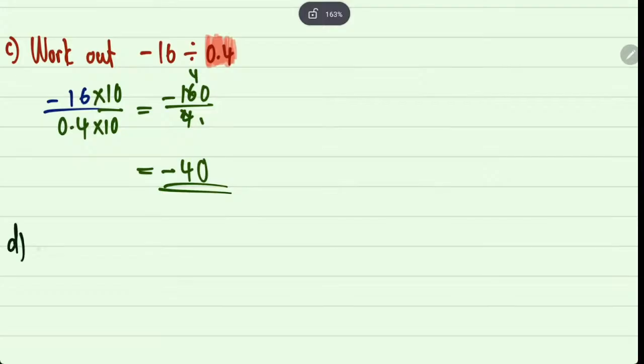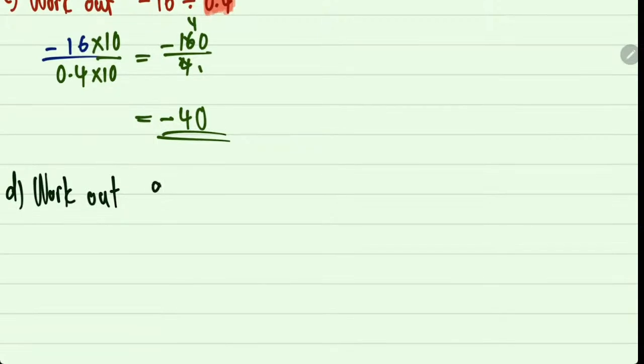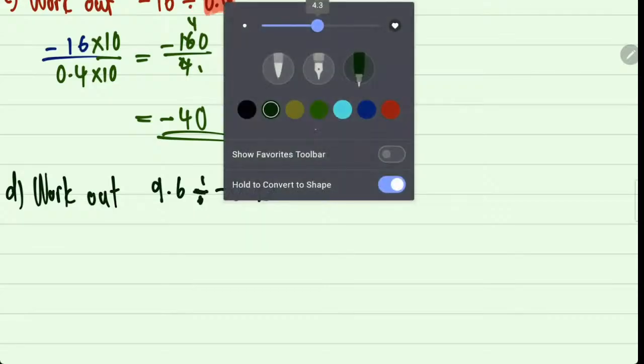If they say to you, work out 9.6 divided by negative 0.12.